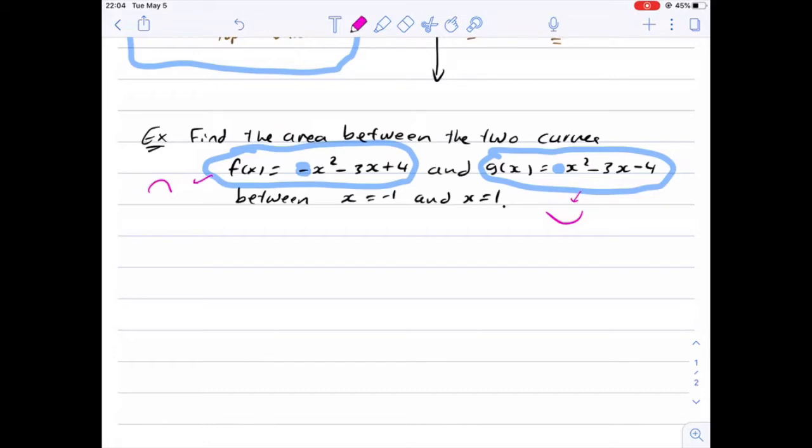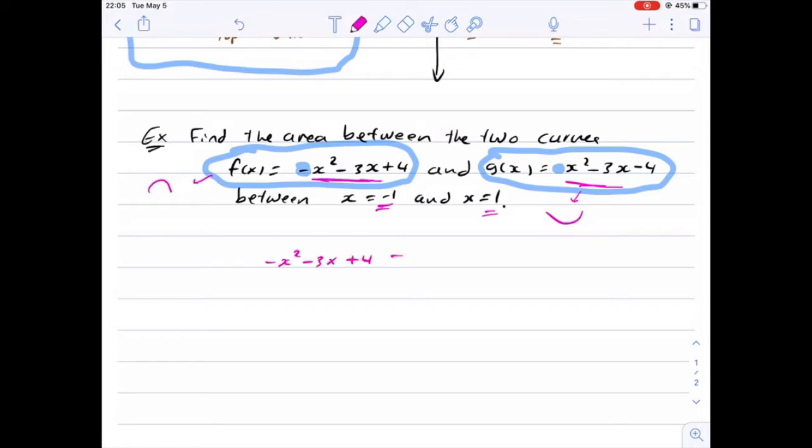Now, to make sure that they do not intersect between negative 1 and 1, because sometimes this is above this here, but then they change. Now here this is f, this is g. In this interval, f is above g, and in this interval g is above f. So we want to make sure that this point does not exist. We don't have another intersection. So what should we do in this case? We take the right hand side of each function and make them equal to each other.